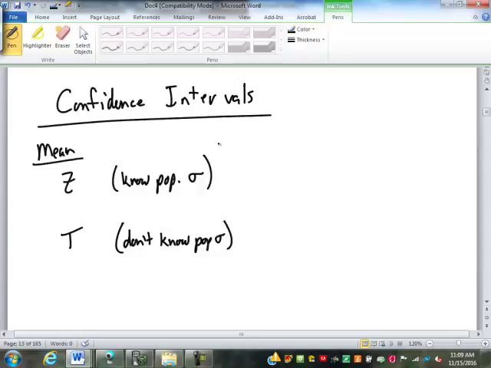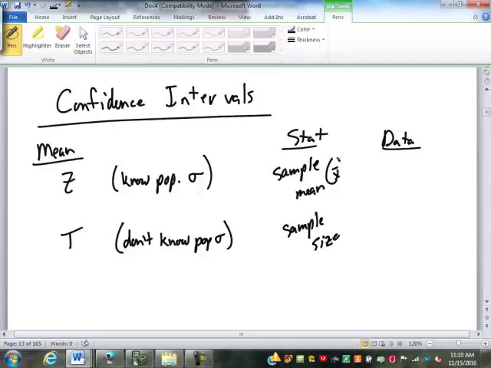Now within each of them, we can do a stat interval or a data interval, and these are just functions within the calculator. Stat means we're given, for either one, the sample mean and sample size. So we're given X bar and N. Data, we're given just a list of numbers.